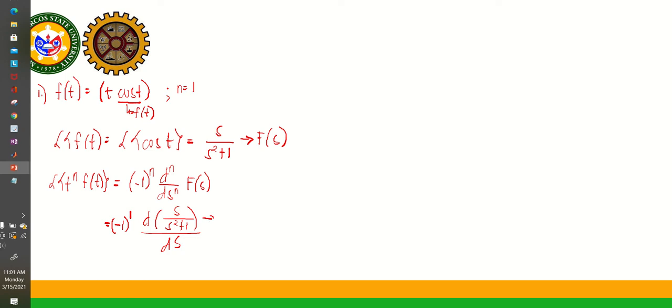The formula we will follow will be the quotient rule. So, recall the rules in derivation. The quotient rule is v du minus u dv over v squared.